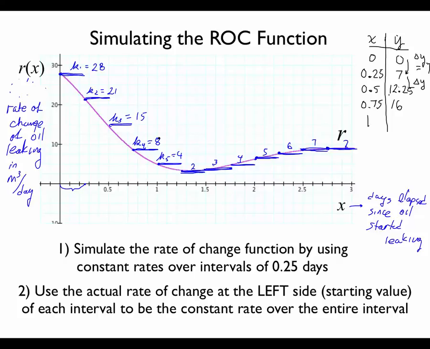We'll do one more. After 1 day, next rate, 8. That means that for any number of days that go by, the amount of oil that comes out is 8 times the number of days. 8 times delta x. How much oil comes out in that quarter day according to our simulated function? 2. Therefore, at 1 day, our simulation of accumulation is 18, because delta y was 2.